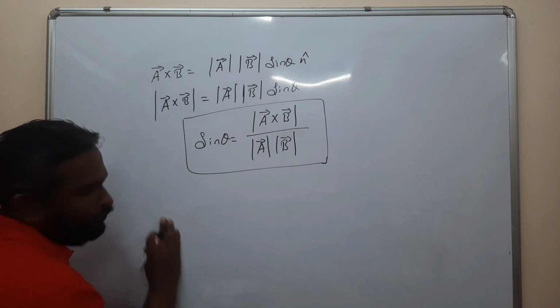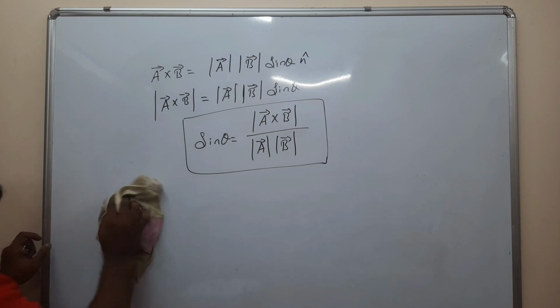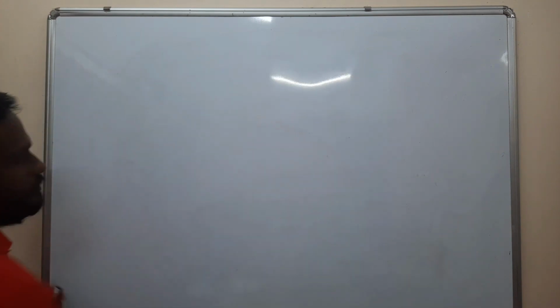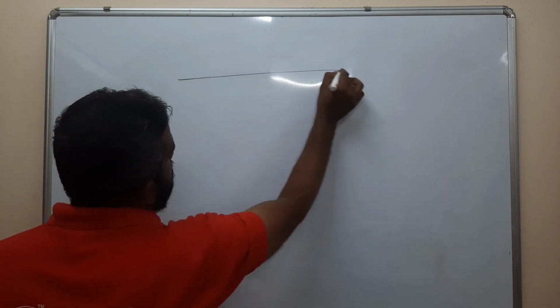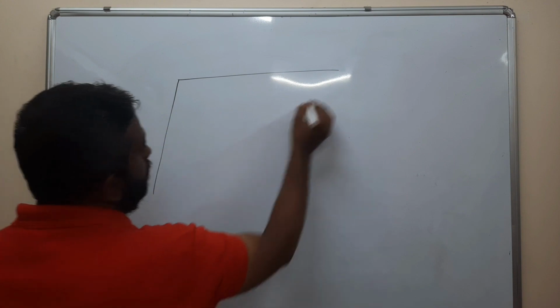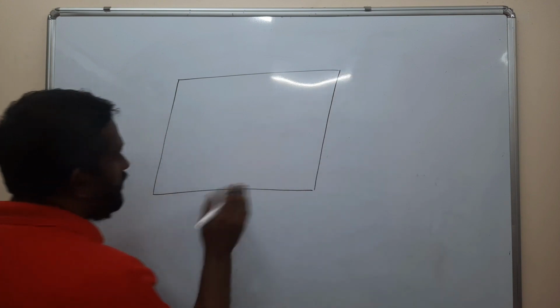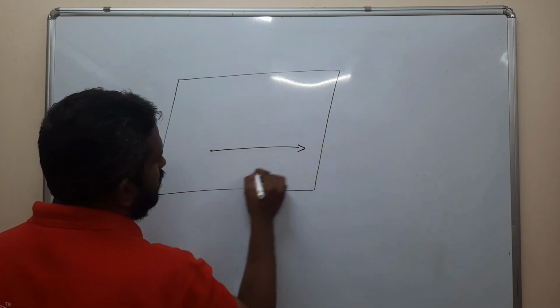Then what is the formula to find the normal between a vector and b vector? This is a plane, and this plane contains two vectors. This is one vector, that is a.